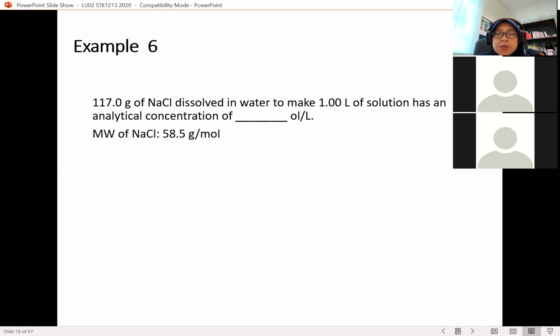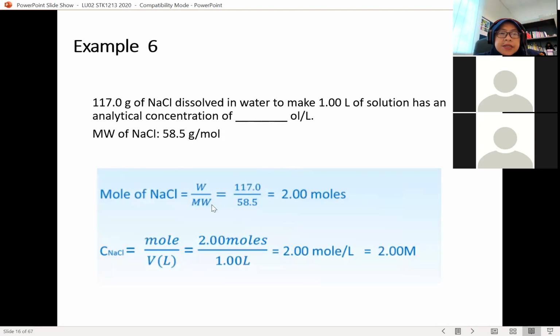Molarity equals mole of solute over liter of solution. So, first, you have to find out what the mole is.